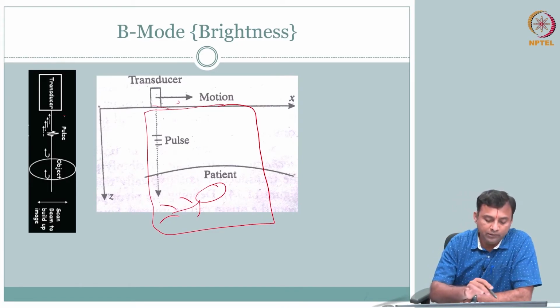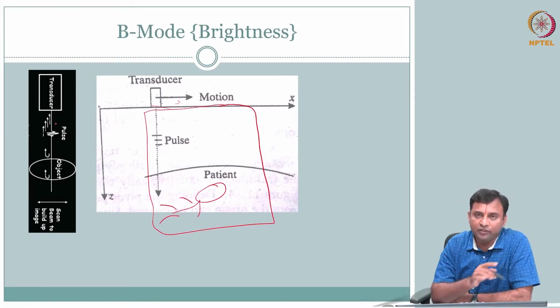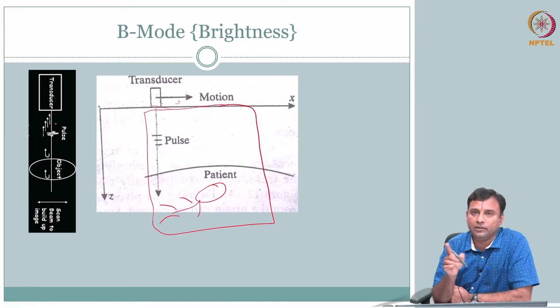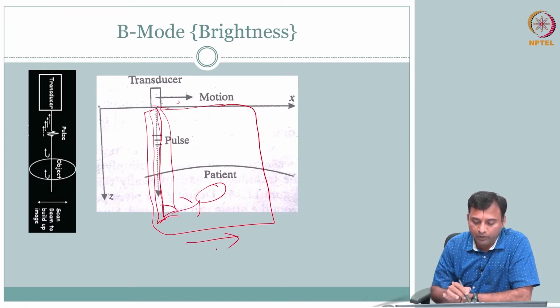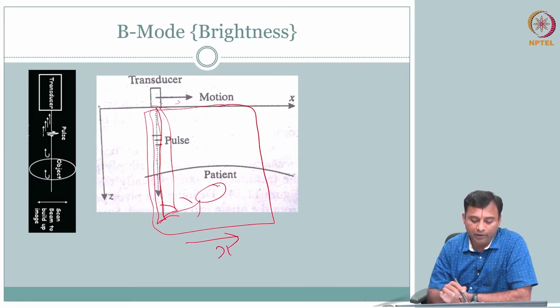So you can imagine the same A mode; what we saw in the previous slide is M mode. Similar thing: if I do the same amplitude, quantize it, put brightness, this will be at one location, then next location I move, I do this. So this will be your x direction, this will be your z direction, and I get an image where all the scattering will be different, because the interface is like this.